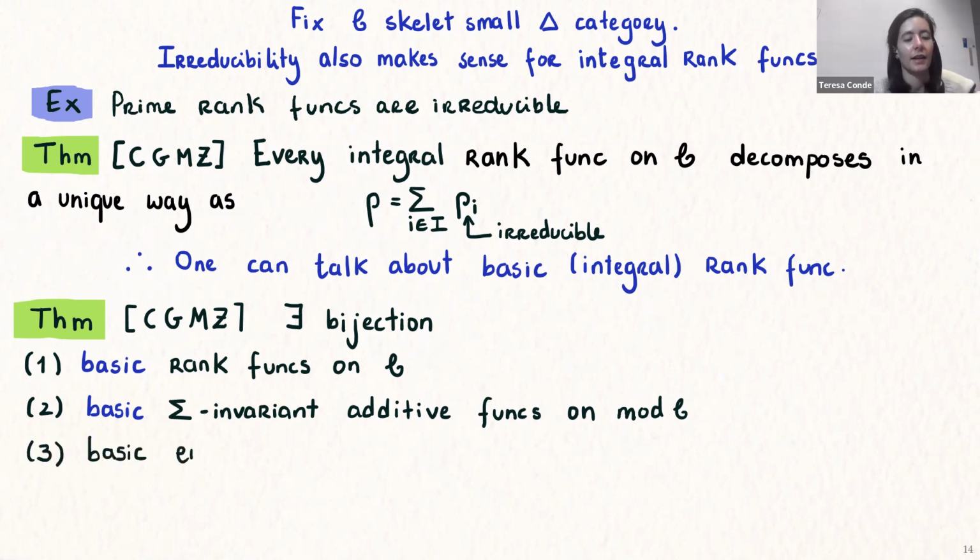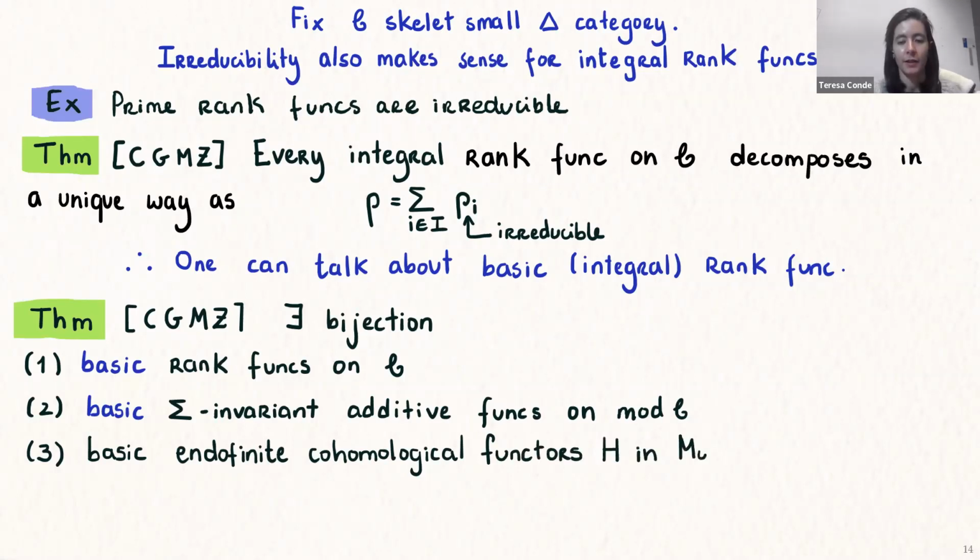But then adapting the theorem we have seen before, coming from results of Crawley-Boevey, Herzog, and Krause, we also conclude that these are in one-to-one correspondence with basic endofinite homological functors H in big mod C that are invariant under this action of the translation.